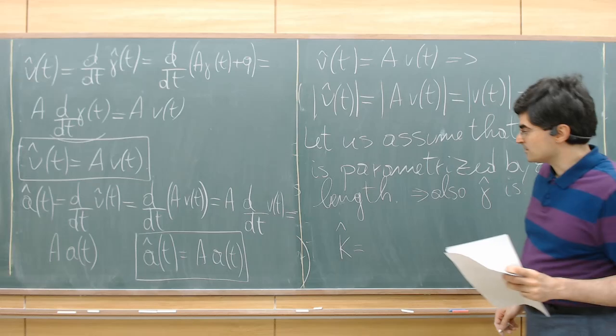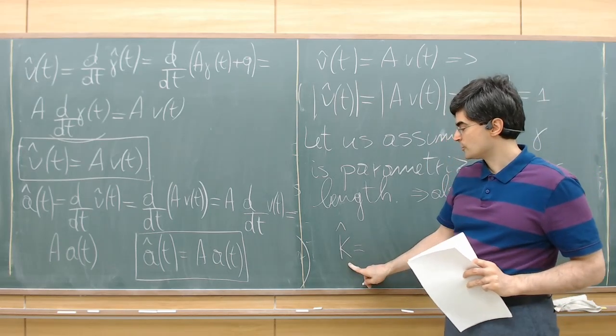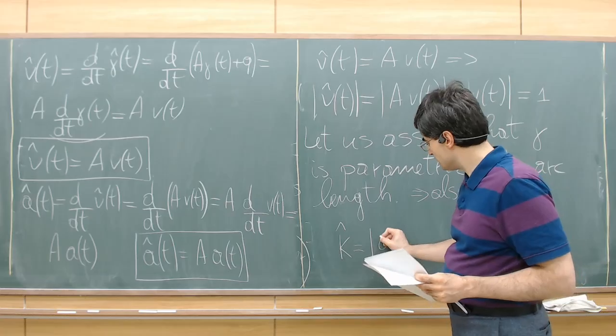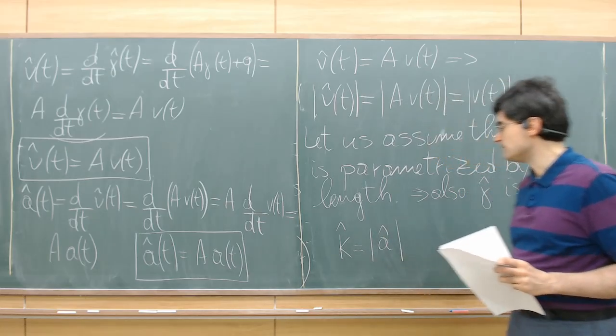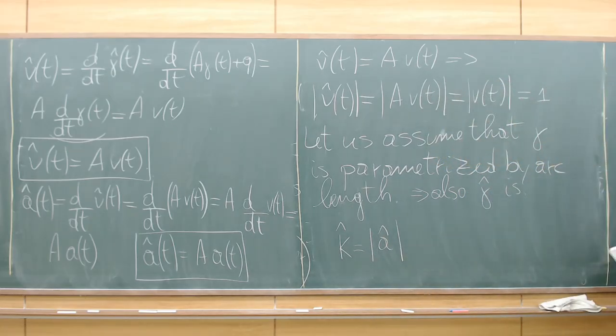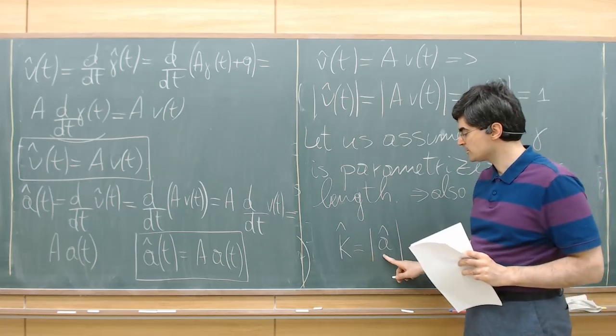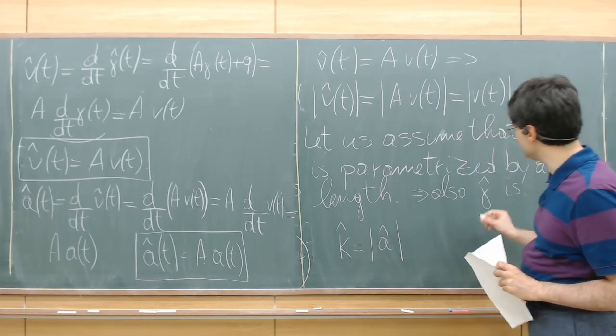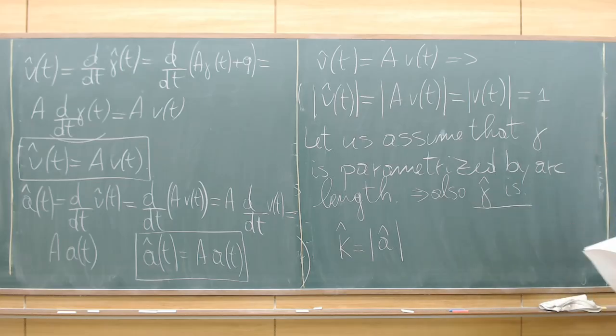So this means that the formula for the curvature of gamma hat reduces to this one. K hat is just the length of the acceleration vector. This is true only because of this fact: gamma hat is parameterized by arc length.